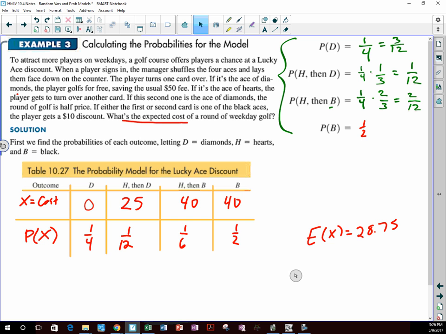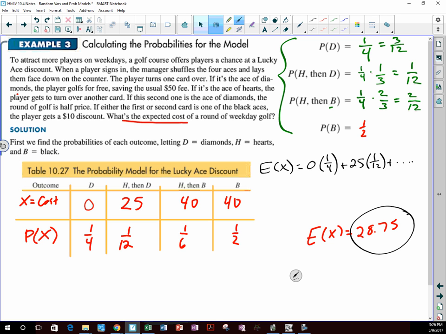So our expected value, if we multiply each of these times their probability: 0 times 1/4 is obviously 0, and then 25 times 1/12 and so on and so forth, what we end up with is 28.75. So our expected cost for a round of golf is $28.75 when we are taking part in this lucky ace discount at this golf course.